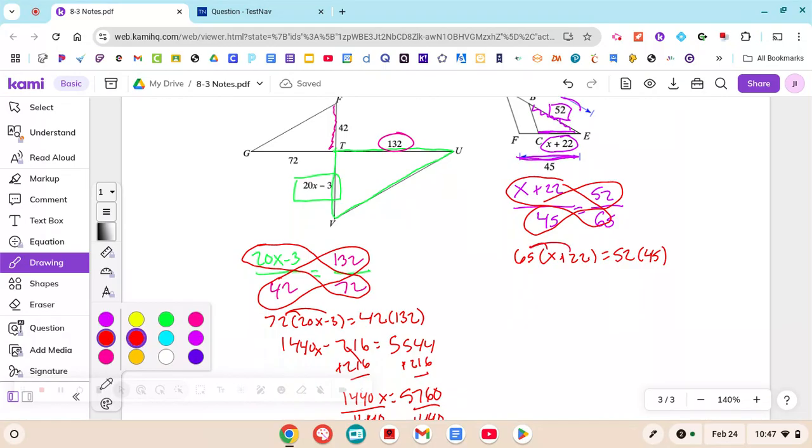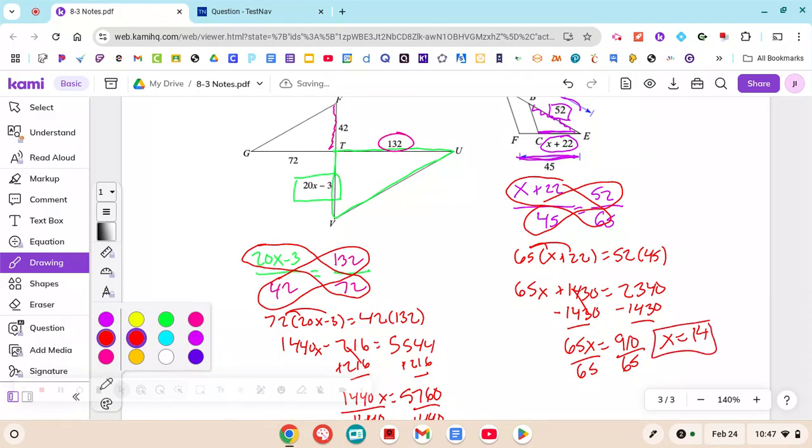And we'll distribute. And you get 14 out for your length there.